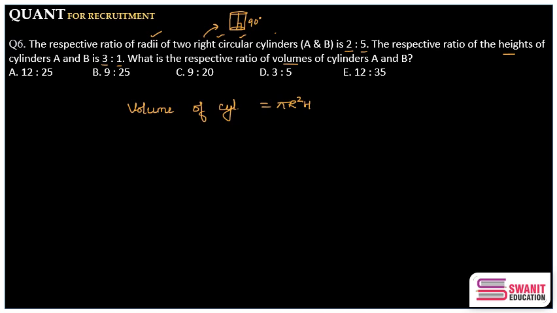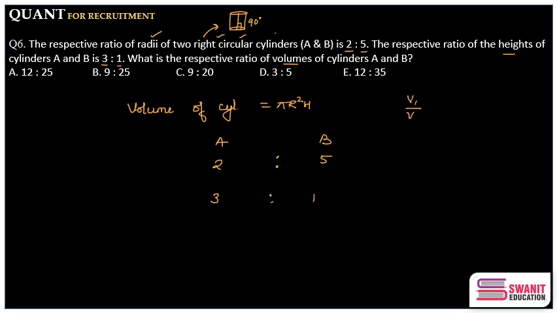Now over here it is given that there are two cylinders A and B, in which the first situation radius is in the ratio 2:5, whereas heights are in the ratio 3:1.